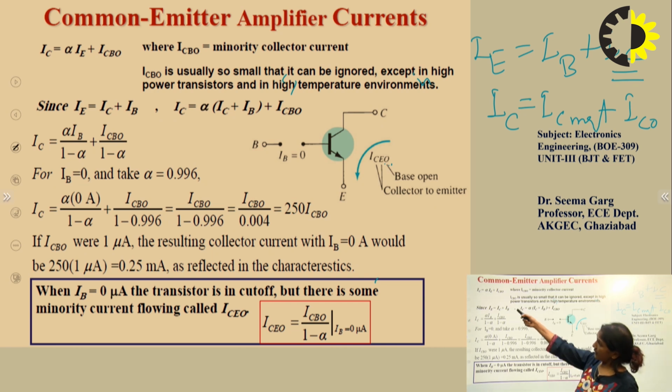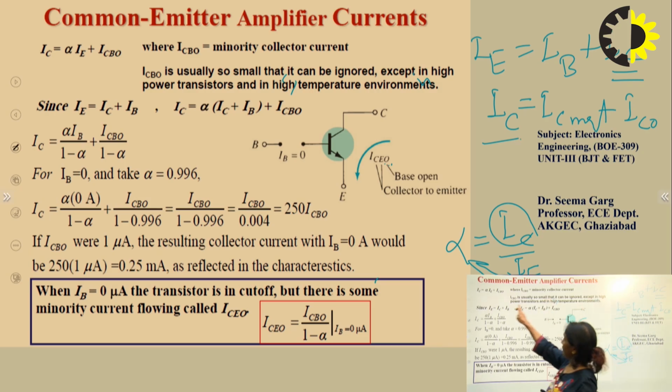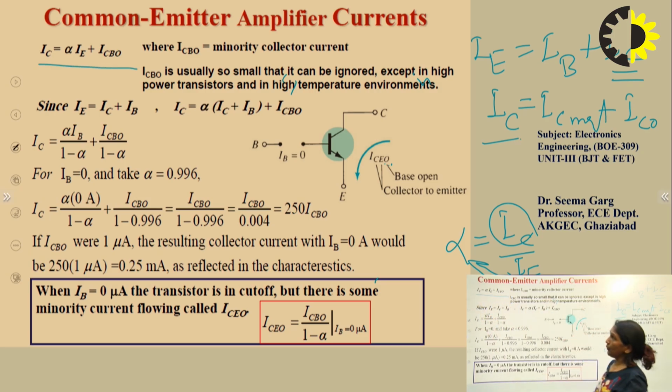Also in case of common base configuration, we know that alpha is equal to IC over IE. So IC is nothing but alpha times IE. From this equation we can get IC is equal to alpha IE plus ICBO.